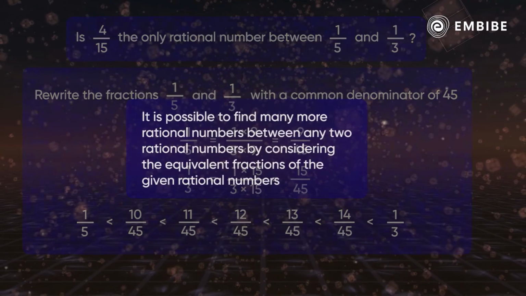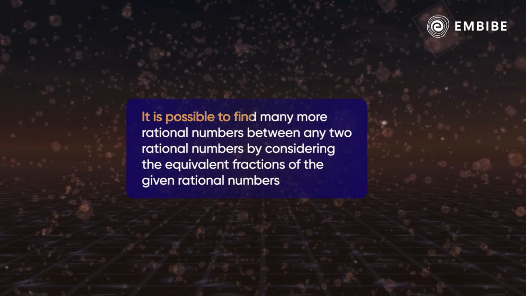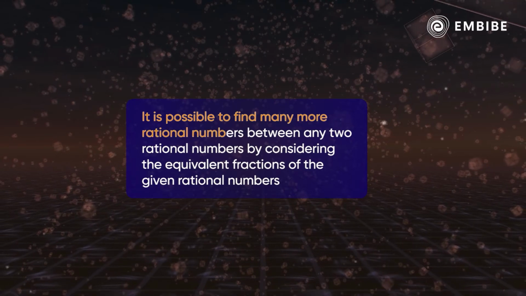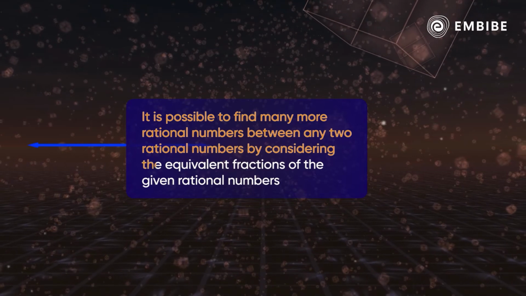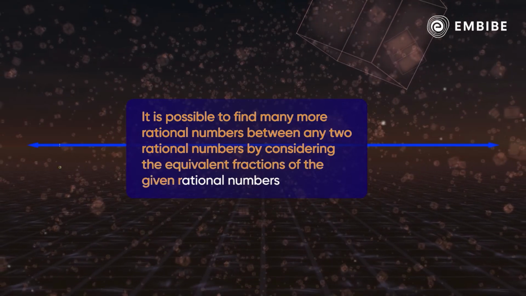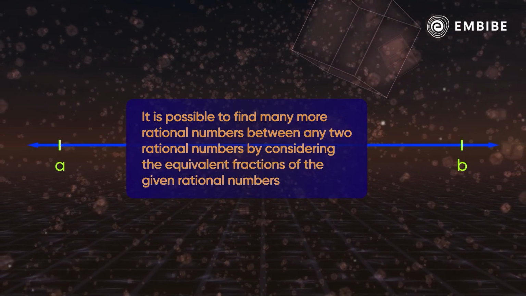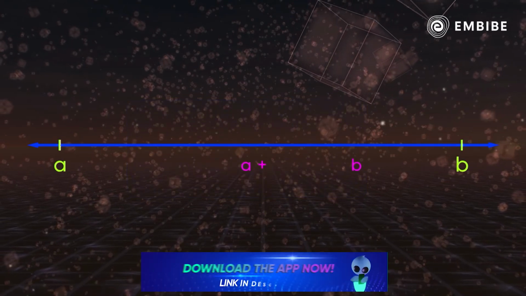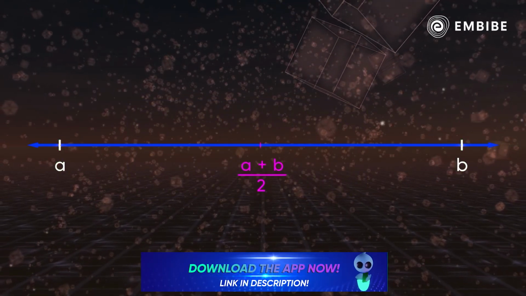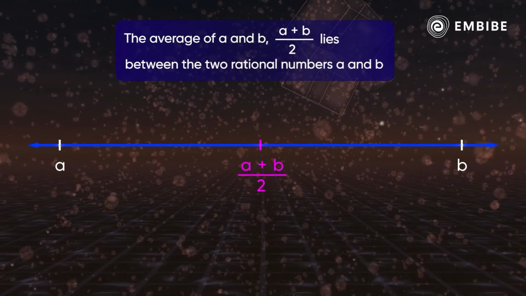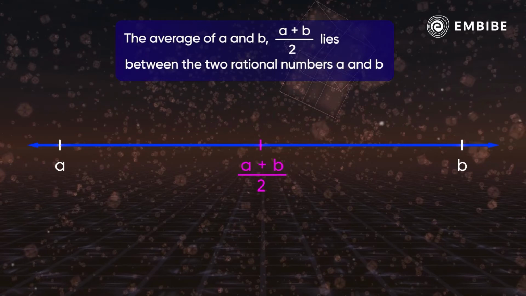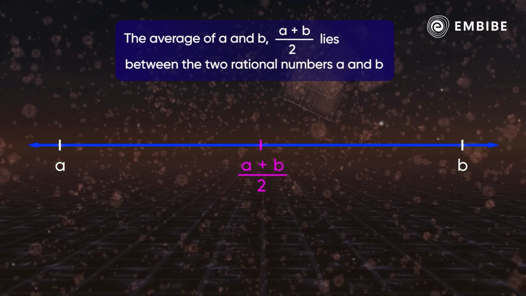In this way, it is possible to find many more rational numbers between any two rational numbers by considering the equivalent fractions of the given rational numbers. Moreover, if we consider any two rational numbers a and b, then the average of the two, a plus b by 2, would be in the middle of the numbers a and b.